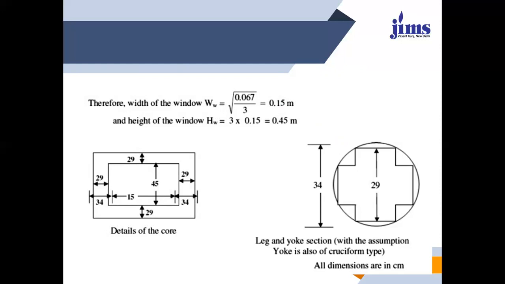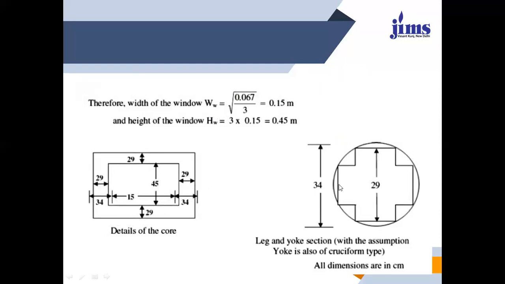Through Ww you can then calculate Hw, because it is 3 times Ww. So this is the exact dimension we find over the core: 15, then 45, and the size of this one is 29, 29, 29, because all dimensions will be the same.